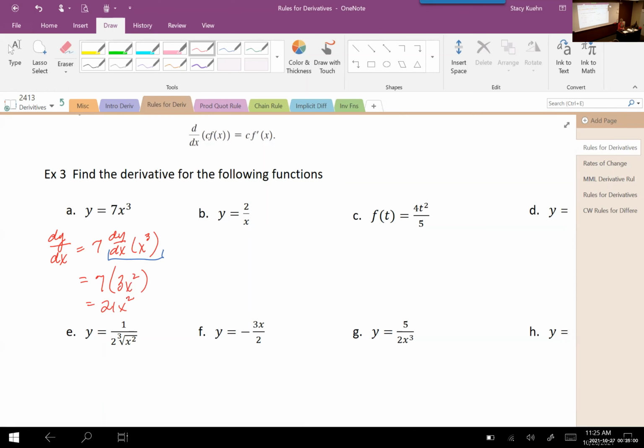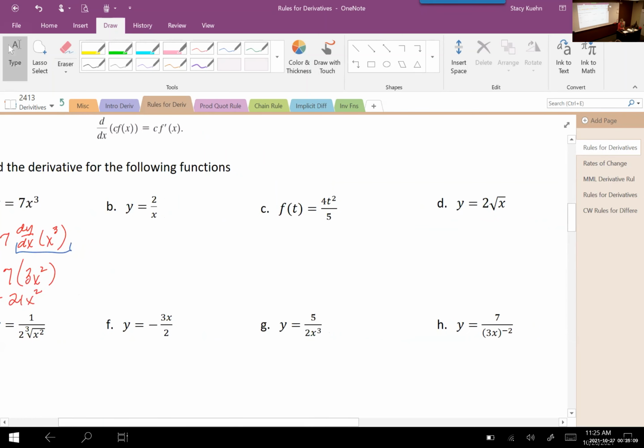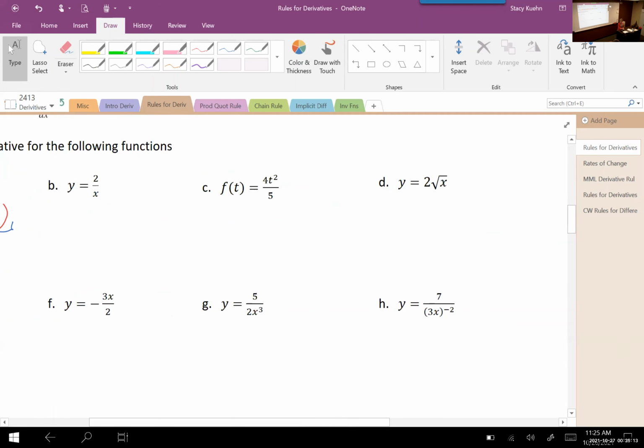Okay, let's look at the next one. Let's do C together. I'm going to skip around on these because I'm going to let you all do some of them. So I want to know what is the derivative here. F prime of t looks like 4/5 times t squared, right?